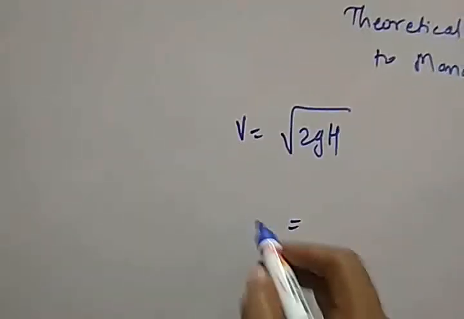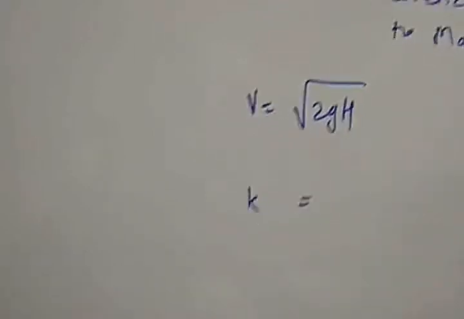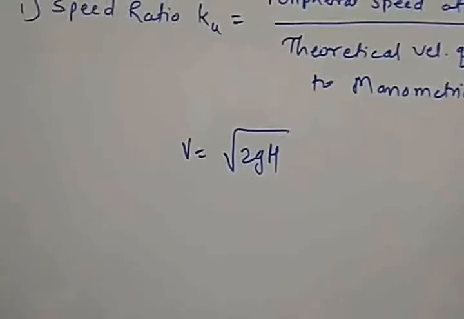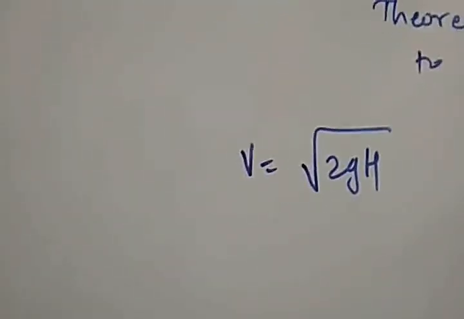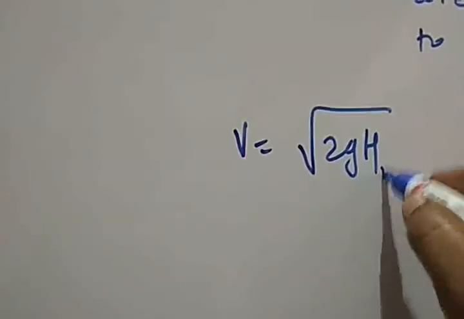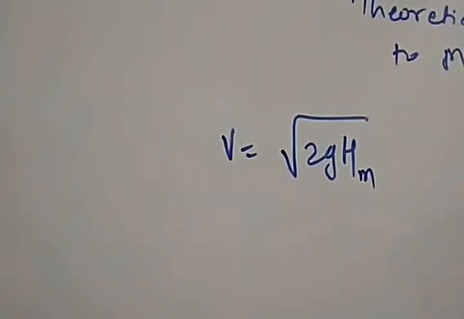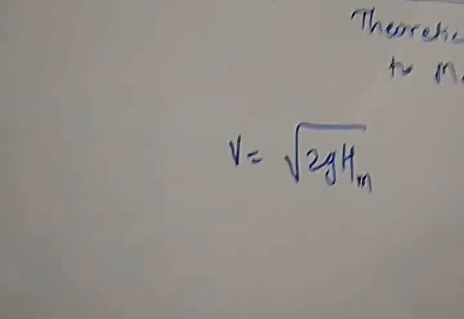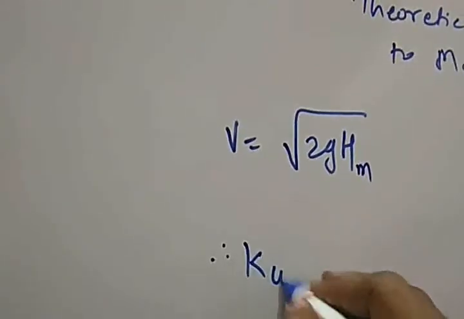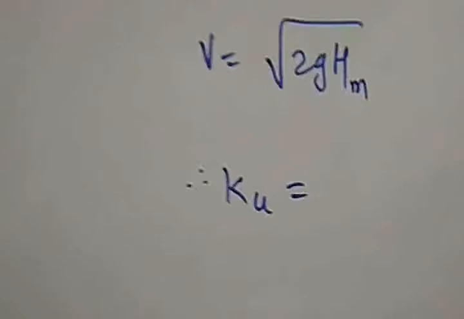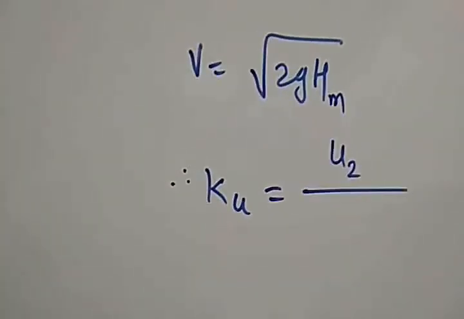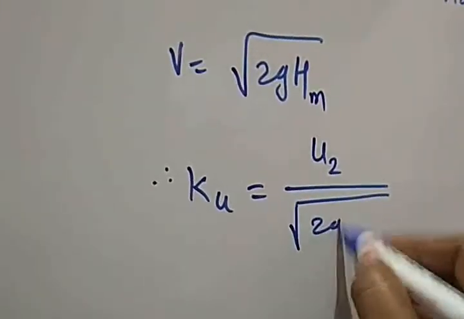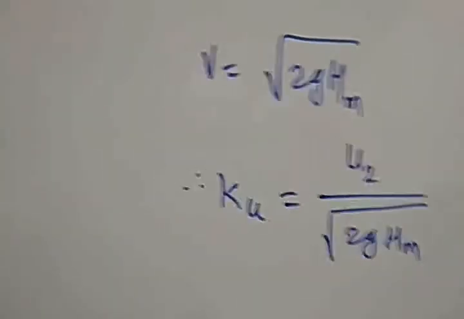Therefore I can write, theoretical velocity of jet v is equal to under root of 2gh. Now if it is corresponding to manometric head, this h will become h manometric. Hence I can write Ku, that is the speed ratio, is equal to u2, that is the peripheral velocity at exit, divided by under root of 2ghm.